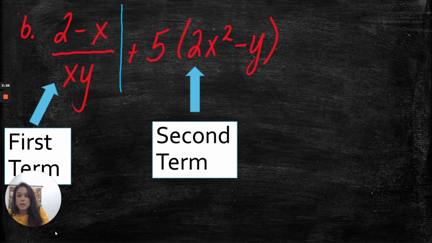And this would be my first term, 2 minus x over xy. My second term includes this plus sign and everything following that. So 5 times what's in parentheses, 2x squared minus y. This entire thing is my second term.